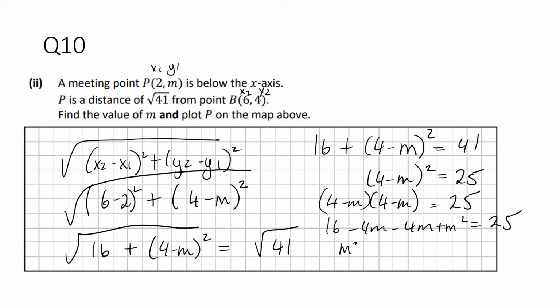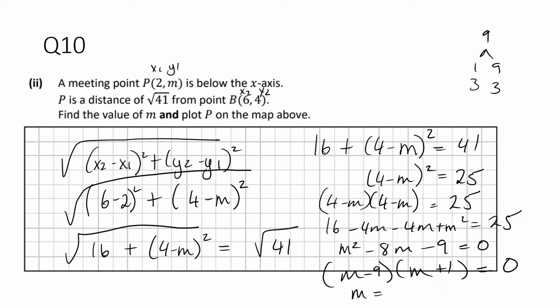Make it equal to 0, so m squared minus 8m, 16 minus 25 is minus 9, and then if you factorize, looking at the factors of 9, which are 1 times 9 or 3 times 3, we want to get minus 8, so you're going to have to choose minus 9 and plus 1, so m is equal to 9 or minus 1.